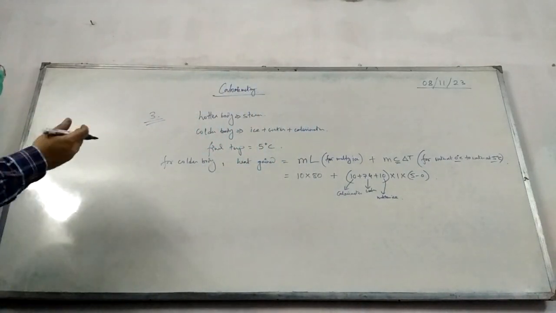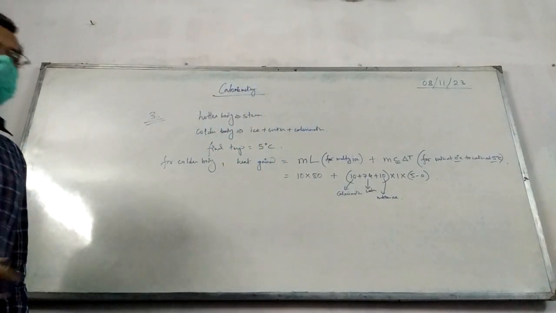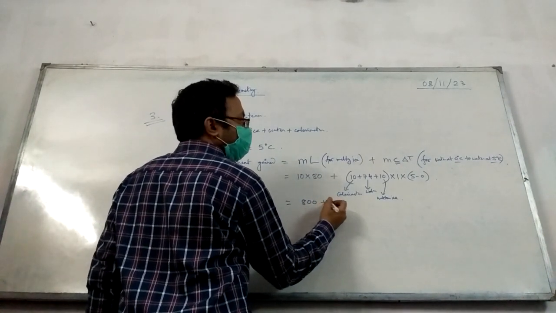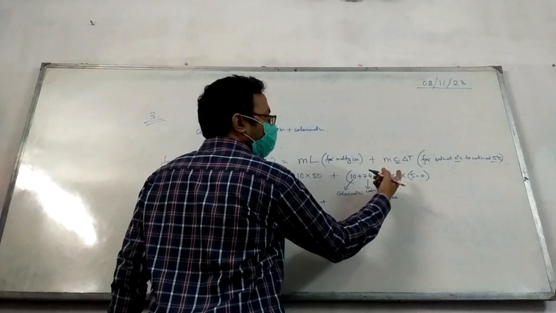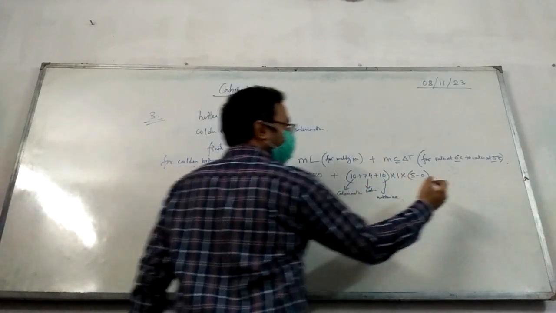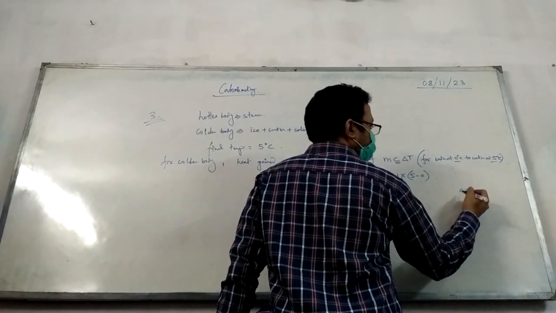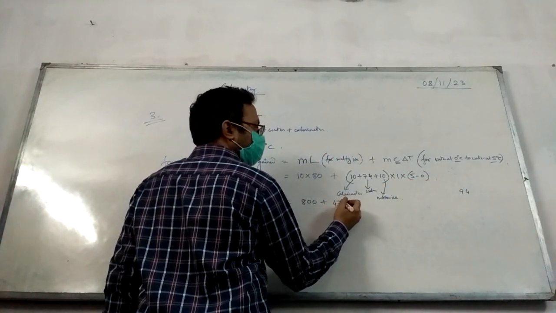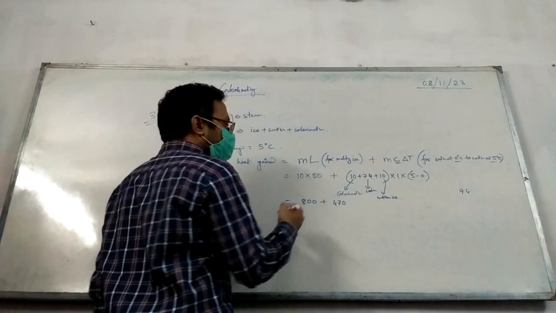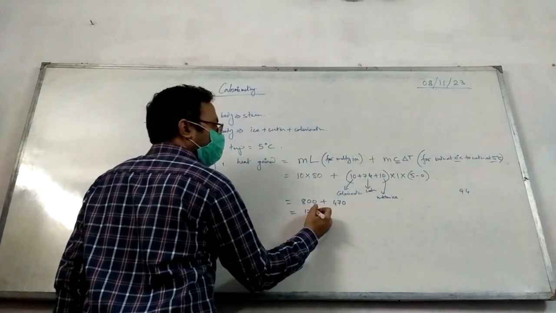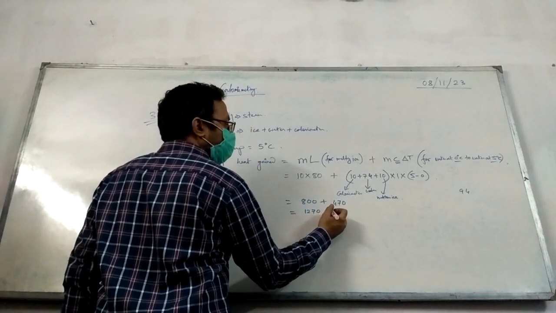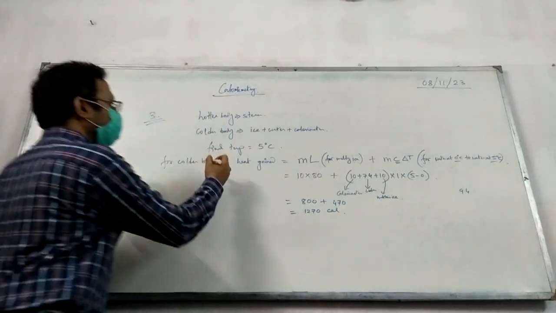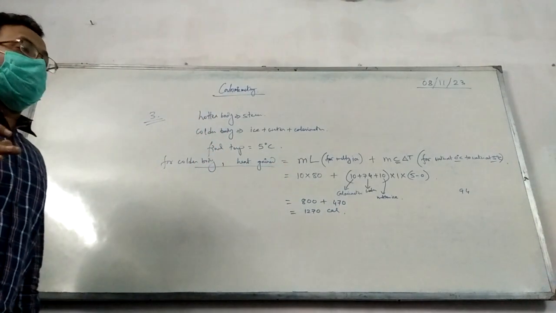So this is becoming 800 plus 94 into 5, which is 470, right. So what is the total? 1270 calorie.